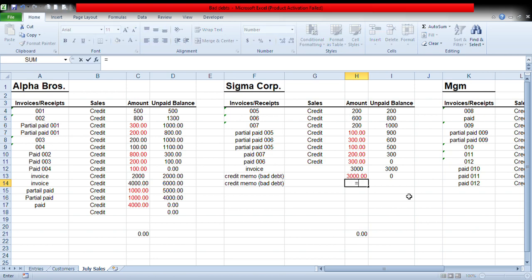Understand? So you can make an invoice. You can also make another invoice of 3000 if you want, or you can edit this invoice if you want. There are lots of options, right? So you make another invoice of 3000, for example.